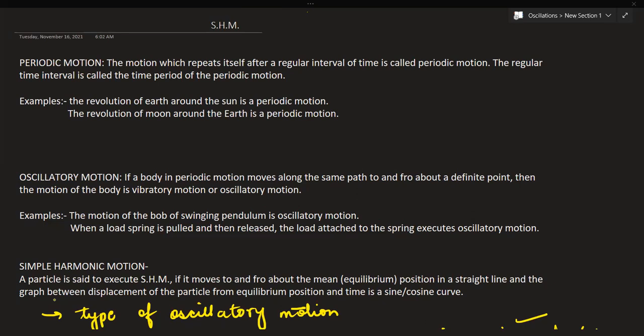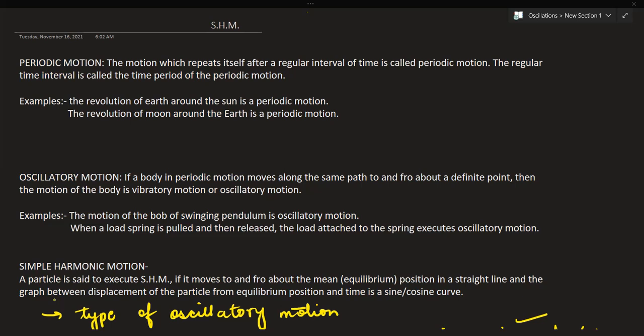So far, we have covered translational motion and rotational motion. Now you have to understand the important kinds of motion like oscillatory motion and vibratory motion. An important type of oscillatory motion is SHM, simple harmonic motion, for which the displacement graph is plotted. It's a cosine graph, and we'll be discussing it in detail today.